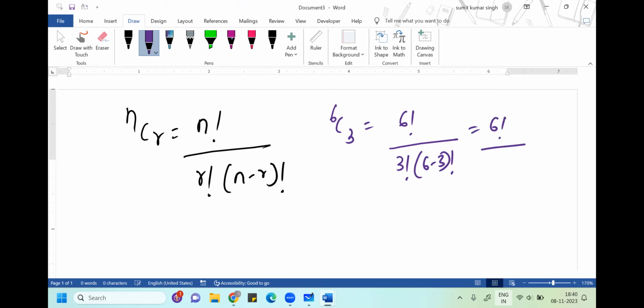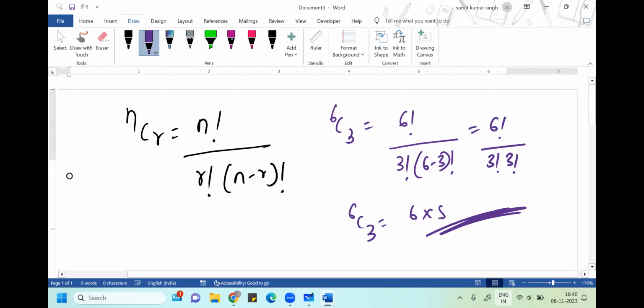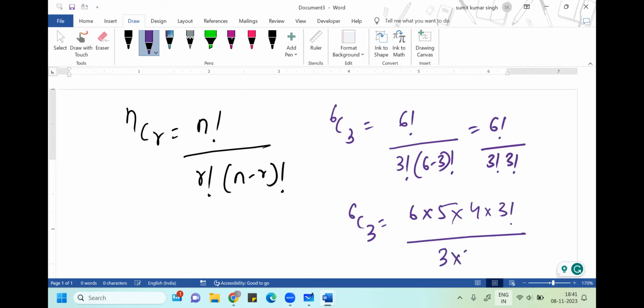This would be 6 factorial by 3 factorial, 3 factorial. So 6 factorial would be 6 into 5 into 4 into 3 factorial, and in the denominator I can write 3 into 2 into 3 factorial. This you can cancel. You'll get 20.